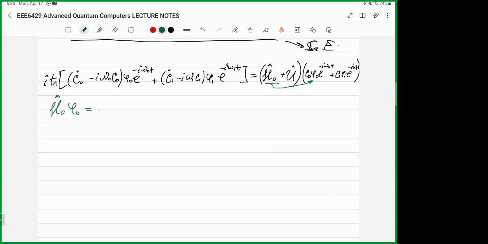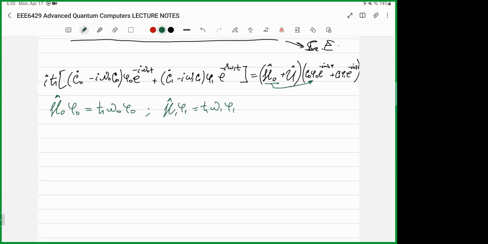And by definition, it is equal to h bar omega 0 phi sub 0. And the same for state 1, I will get h bar omega 1 phi 1.